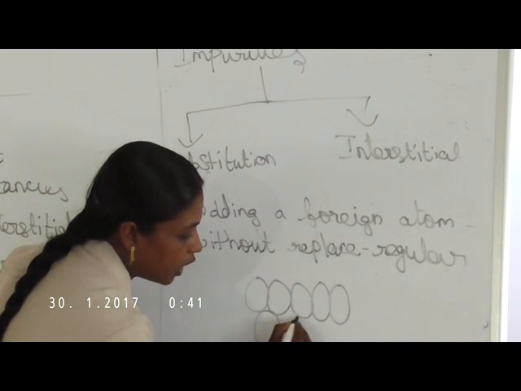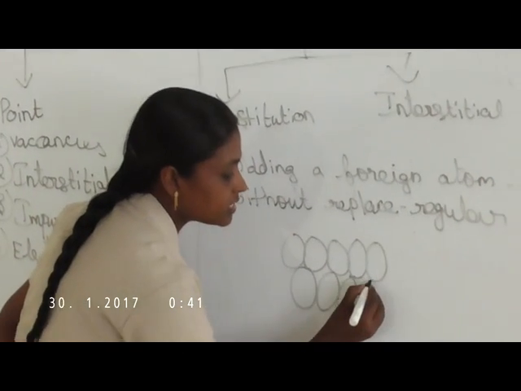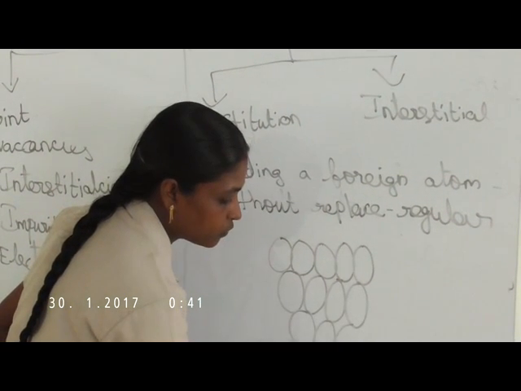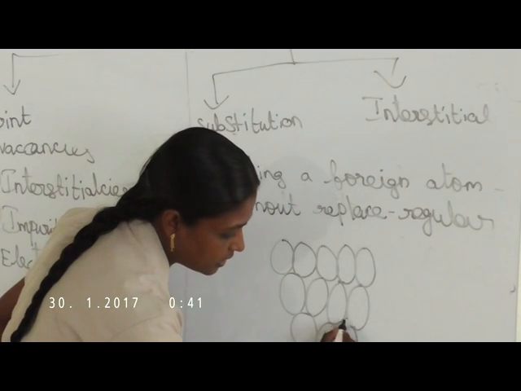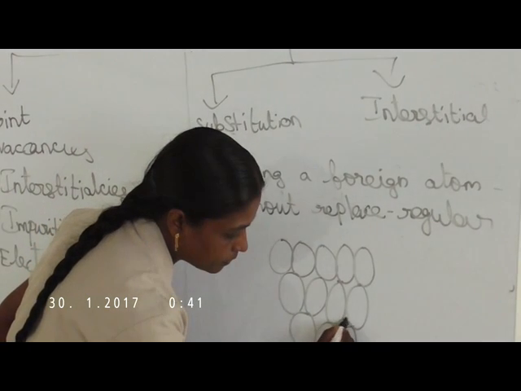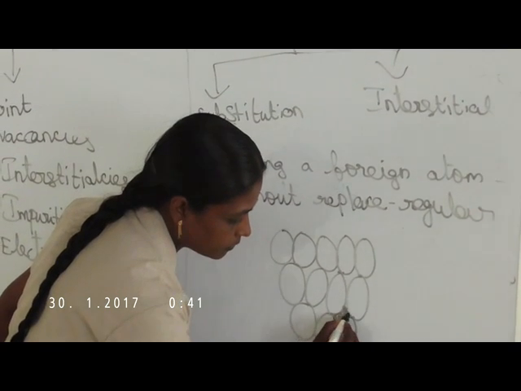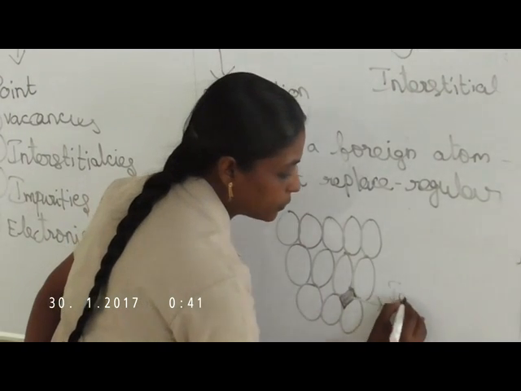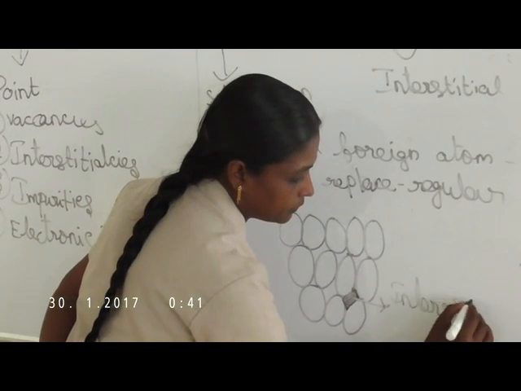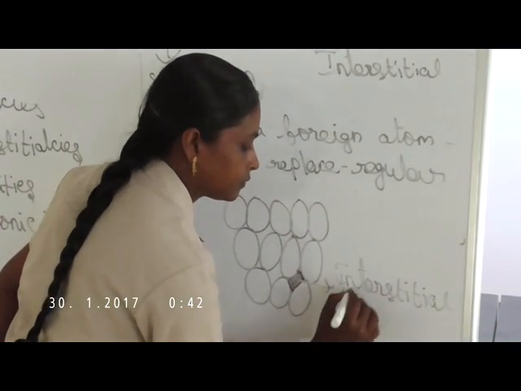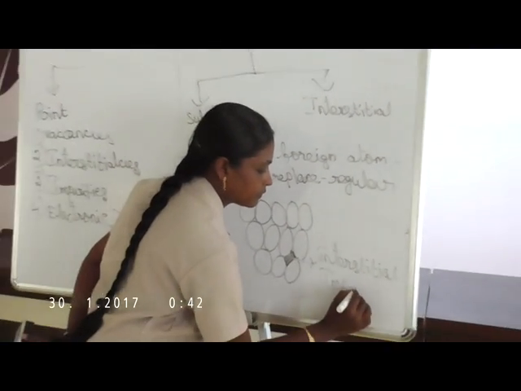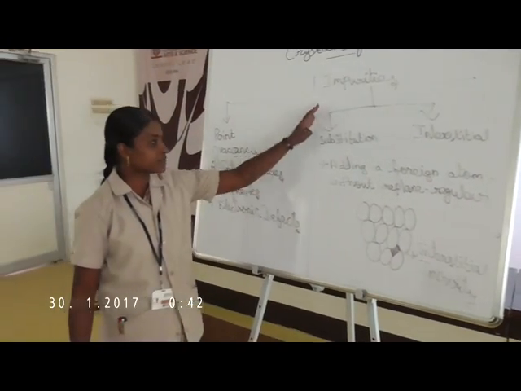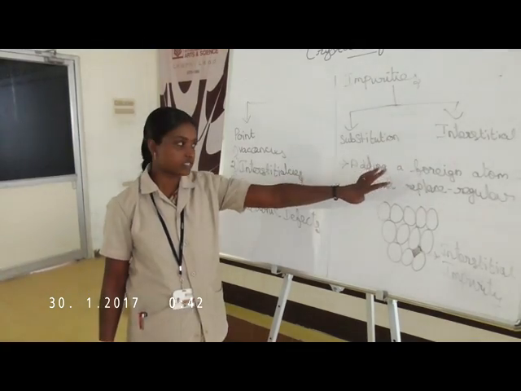The foreign atom occupies the void space present in the crystal. Void space means empty site. This is the void space. So this is called interstitial impurity. Impurities are classified into substitutional impurity and interstitial impurity.